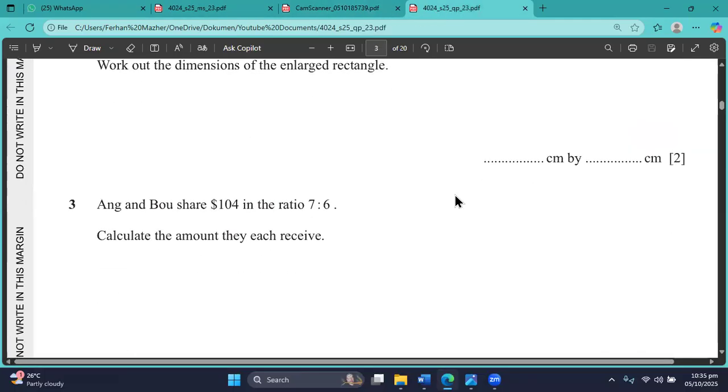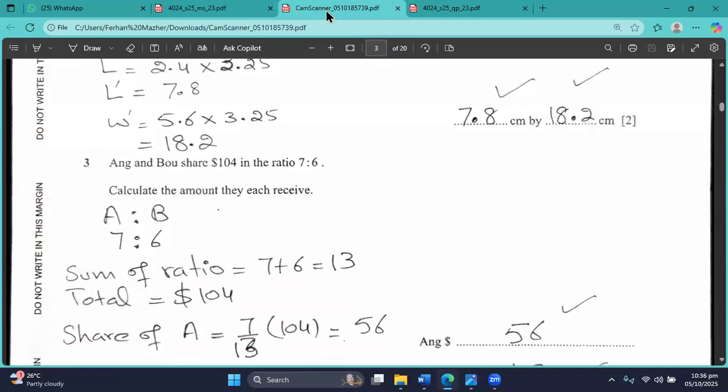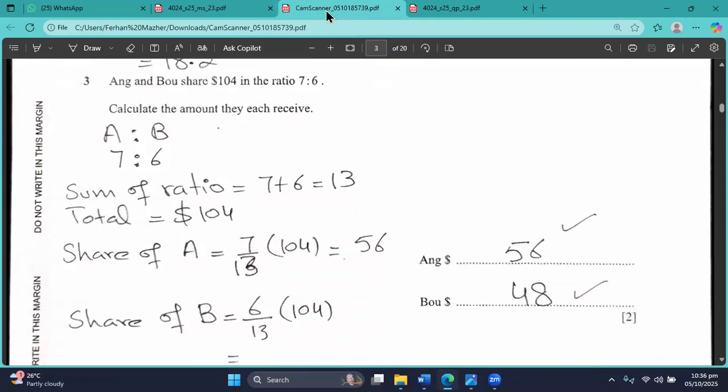Question number 3. He says Ang and Bo share $104 in the ratio 7:6. Calculate the amount they each receive. First of all, we will find the sum of the ratio. That will be 7 plus 6, and that will be 13. Then Ang's share is 7 out of 13 multiplied by 104.